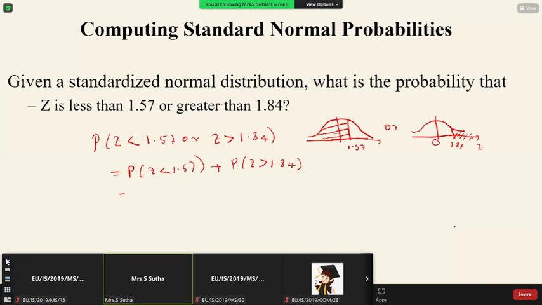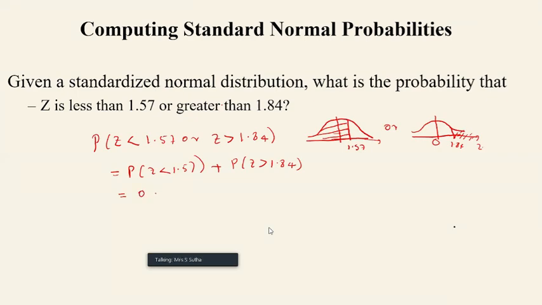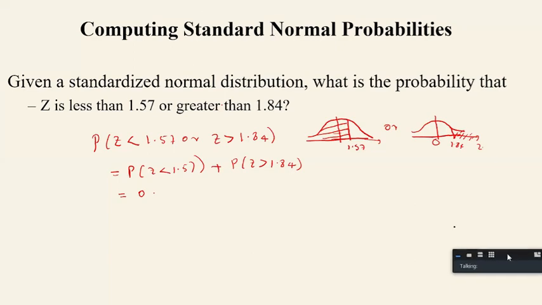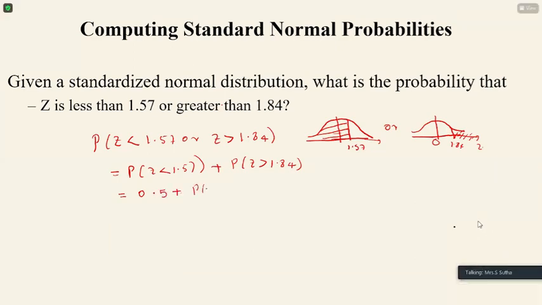Then the probability of Z less than 1.57 is equal to 0.5 plus the probability of 0 less than Z less than 1.57, plus this probability, the greater than one, right?